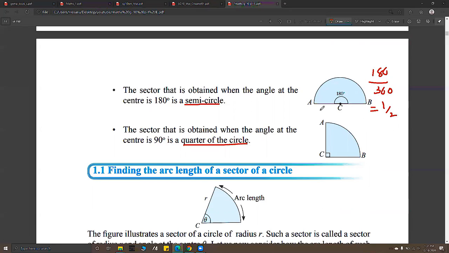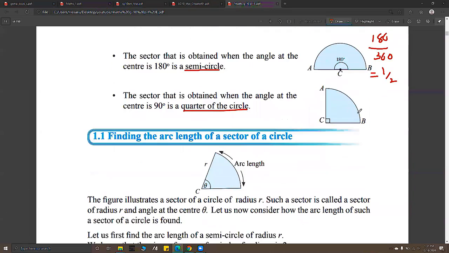It's a half circle, we call it a semicircle. In this case, it's 90 degrees. This is 90 over 360, so it's a quarter of the circle, like this.